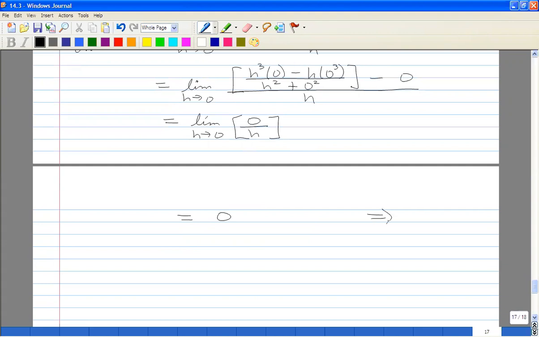And so that implies that the partial of f with respect to x is minus y for all y.